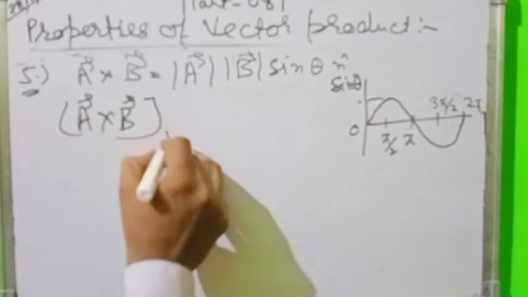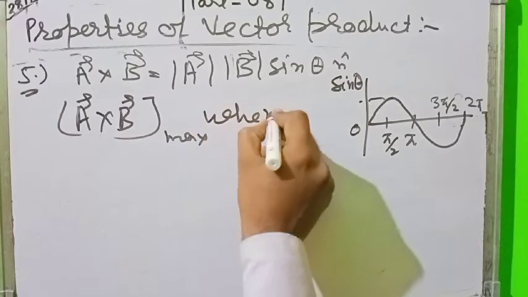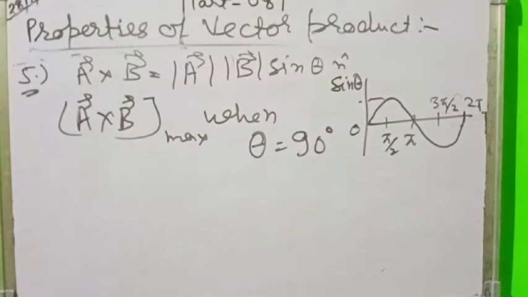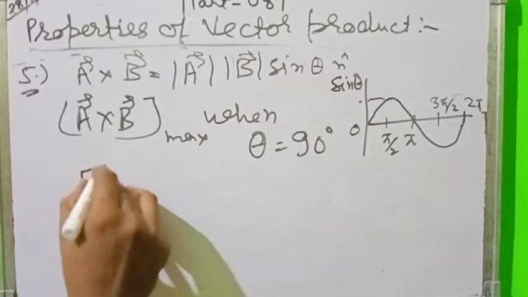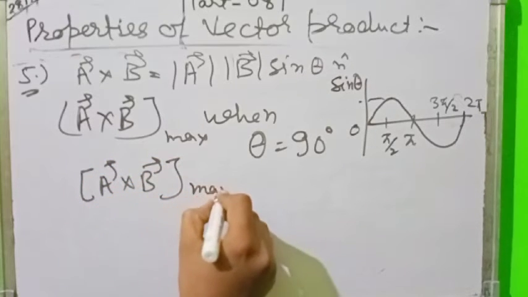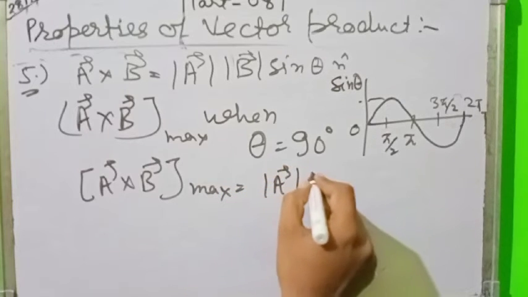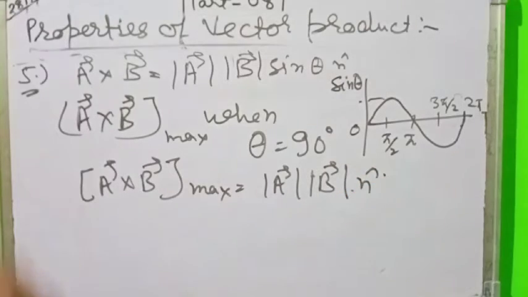So vector A cross vector B gives its maximum value when theta is equal to 90 degrees. Its maximum value is equal to magnitude of vector A into magnitude of vector B n cap.